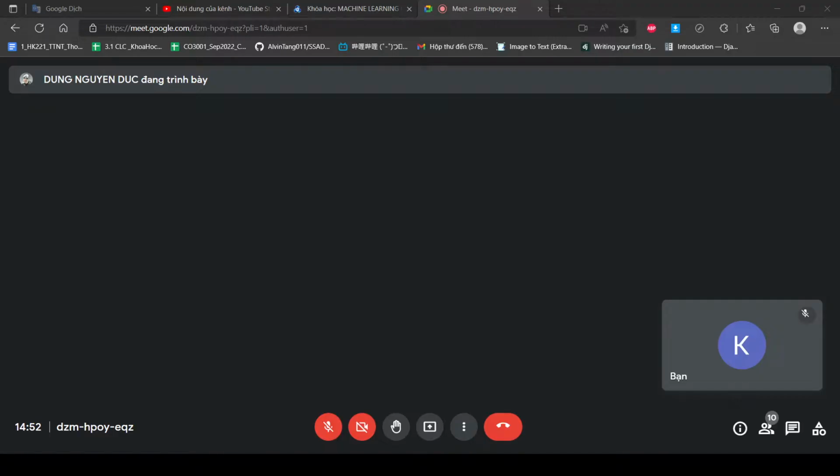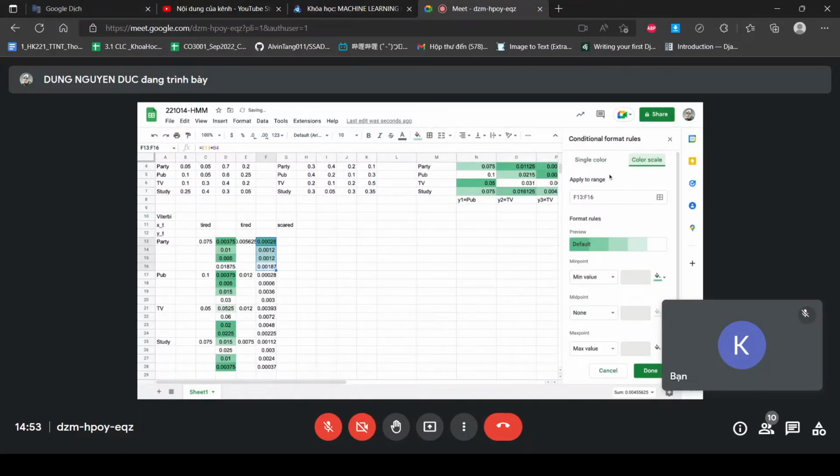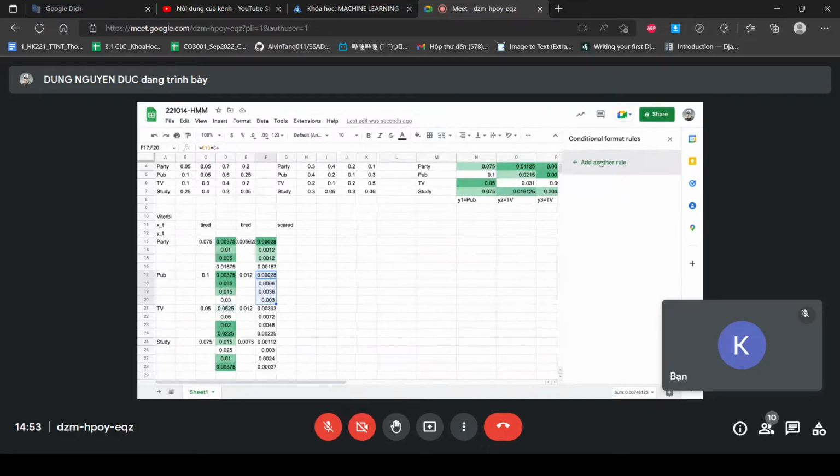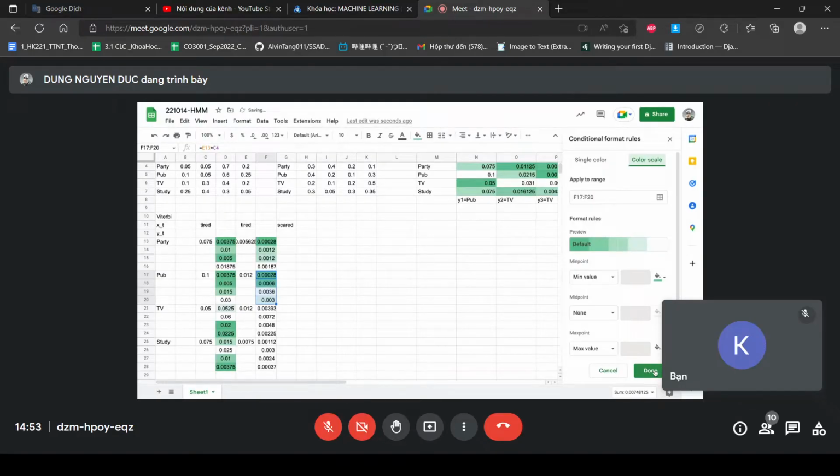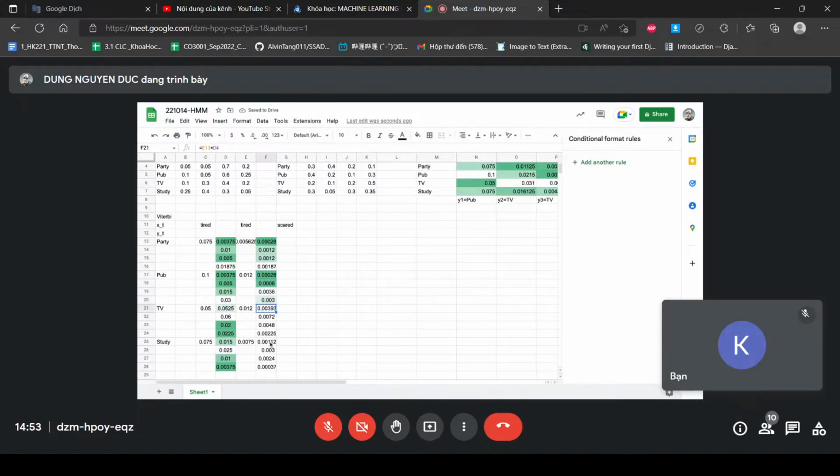That's what I need. Now I'm going to add the color scale like this one. I need to add the scale for this one also. Oh, sorry. Then let me add another rule. Color scale. Then this is what I need.